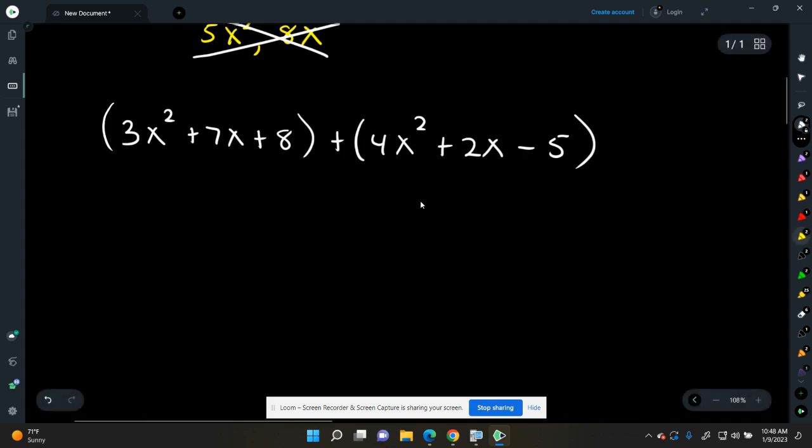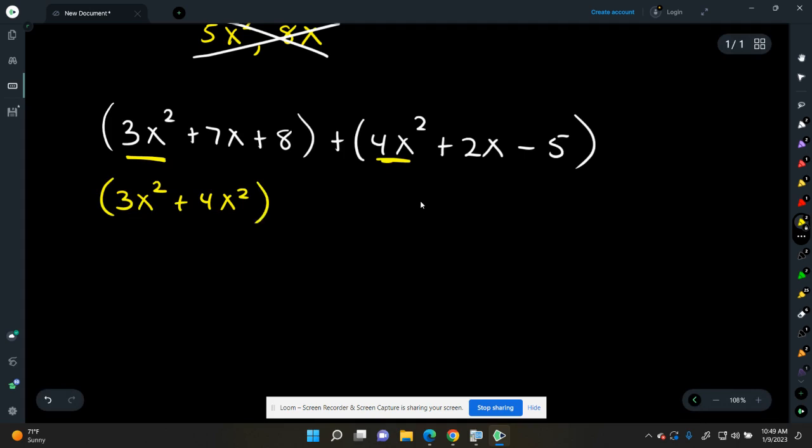So the first thing I'm going to do is group my like terms. So I'm looking at 3x squared. In the other parenthesis, I have a 4x squared. Those are like terms, so I'm going to group them together: 3x squared plus 4x squared, plus now I've got a 7x, and looking in the other parenthesis, I have a 2x, plus 8 plus minus 5.